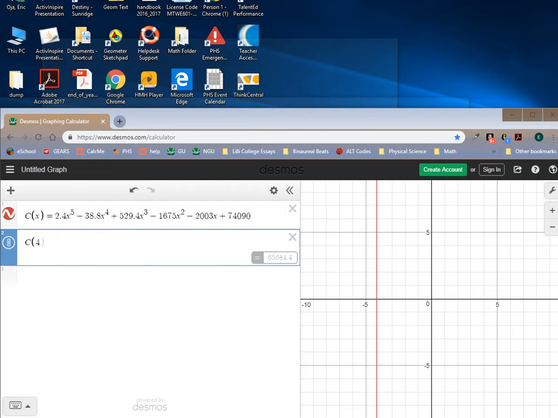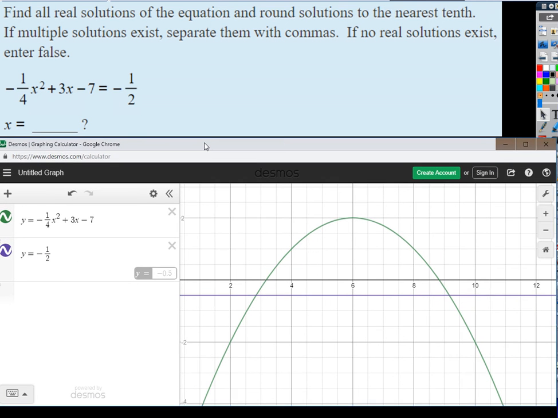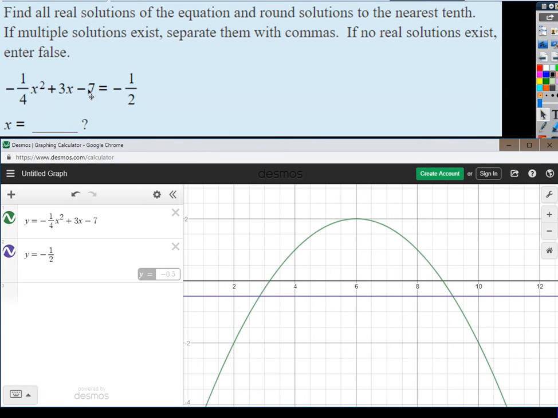What I would suggest instead is that you just graph the two. Graph whatever's on the left side of the equation, graph whatever's on the right side, and just look for the points of intersection. So there's one, and there's one. They want us to round our answers to the nearest tenth.